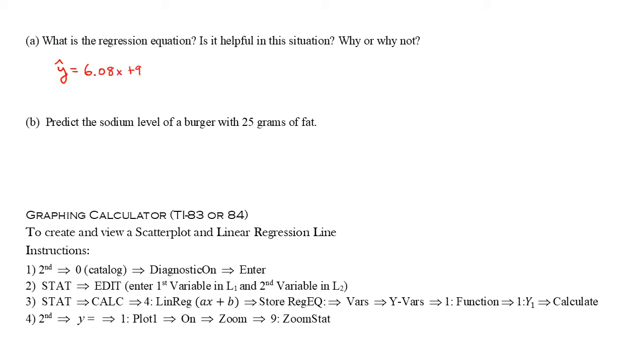But if you recall, we just showed that there is no correlation. So is this line going to be helpful? And the answer is no, right? Because there's no correlation, which really tells us that the data does not fit the line very well.